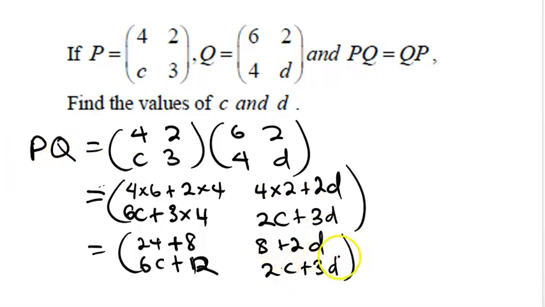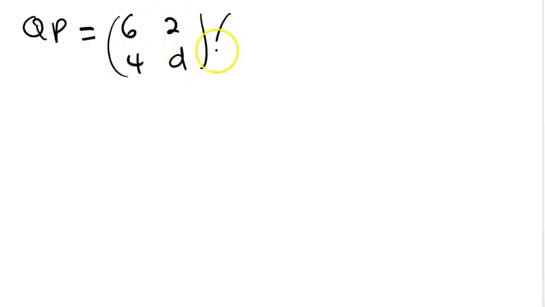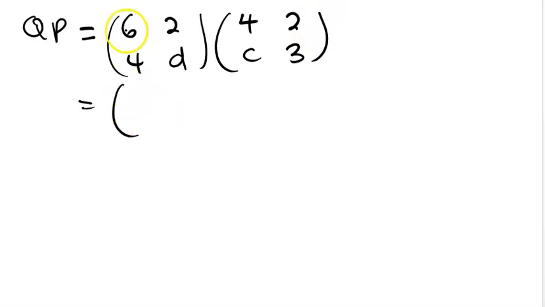That is PQ. Now we are going to find QP. So QP will be Q first, which is [6, 2; 4, D], and then P is [4, 2; C, 3]. First row, first column: 6 times 4, which is 24, plus 2 times C, 2C.